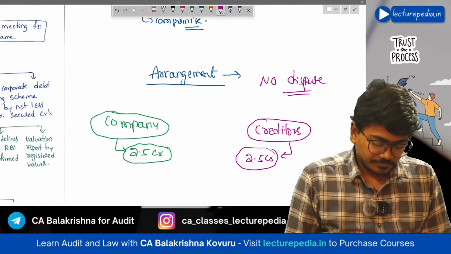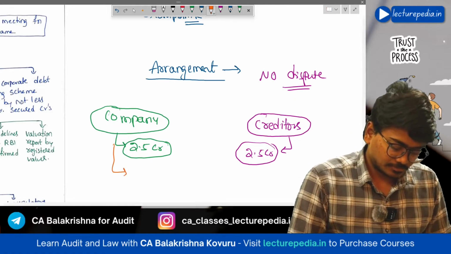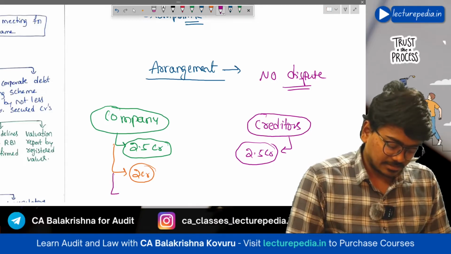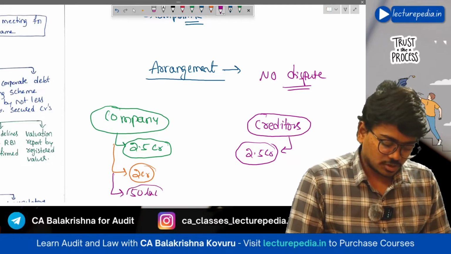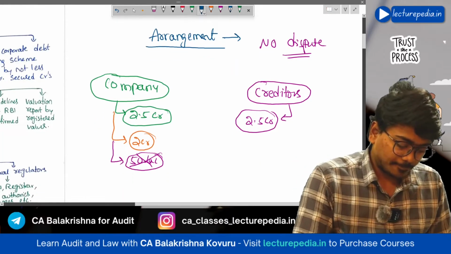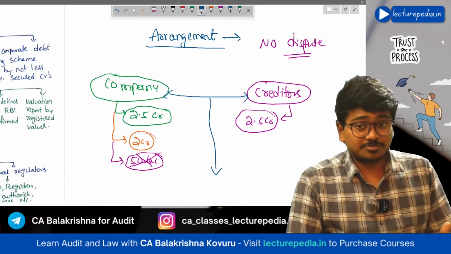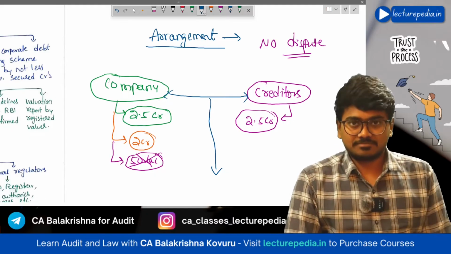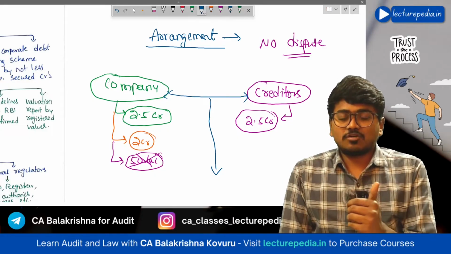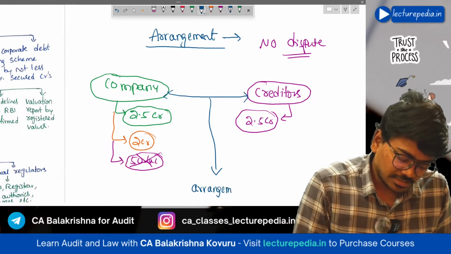So the company said it will pay only 2 crores to creditors, and the balance 50 lakhs has to be written off. So the company has entered into this type of arrangement with the creditor. Here there is no dispute, but there is an arrangement. In case of arrangement, there will be alteration or modification of the existing terms and conditions. So you will call this an arrangement.